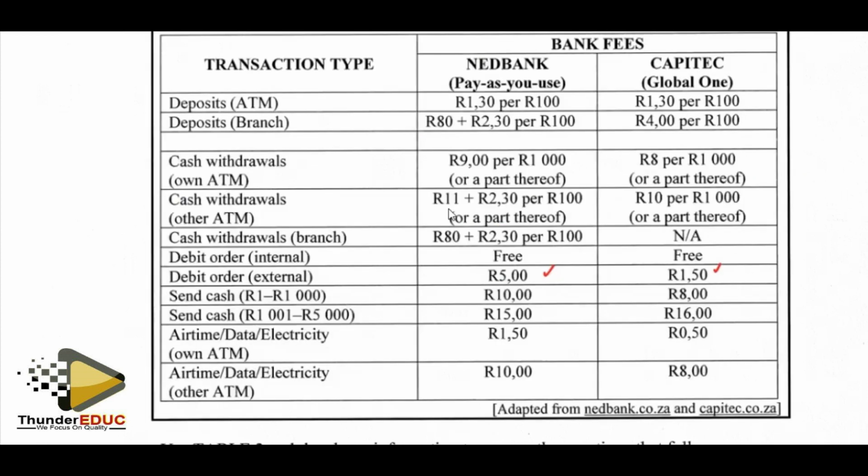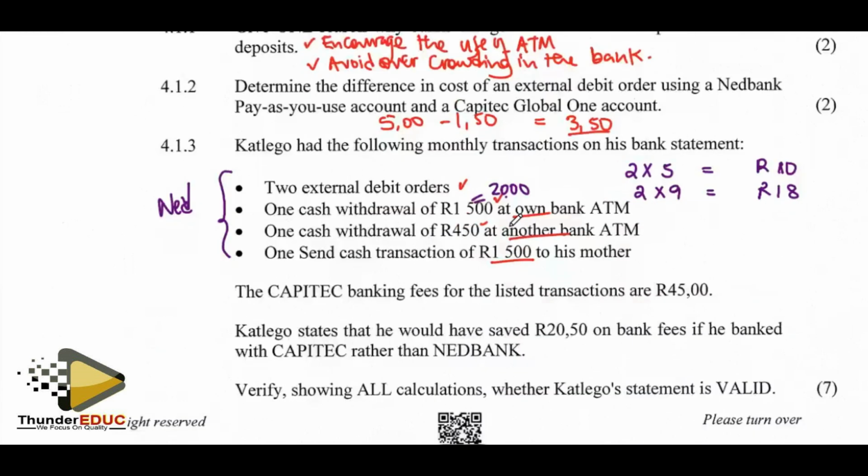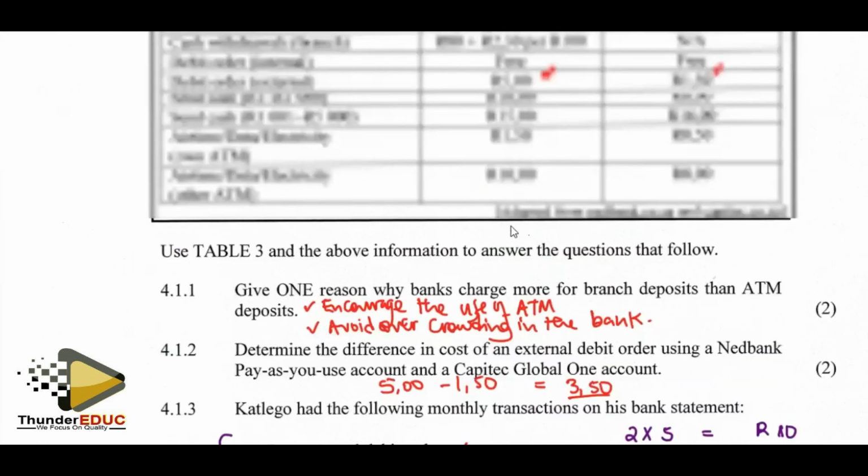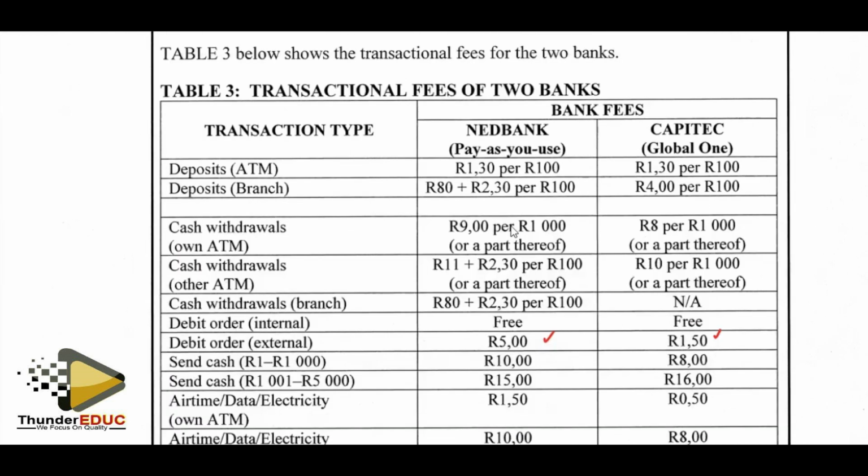Then they say he withdrew 450 at another bank. At another bank, first and foremost, you pay 11 rands plus 2.3 per 100 or part thereof. So the person withdrew 450, which will be counted as 500. How many hundreds?